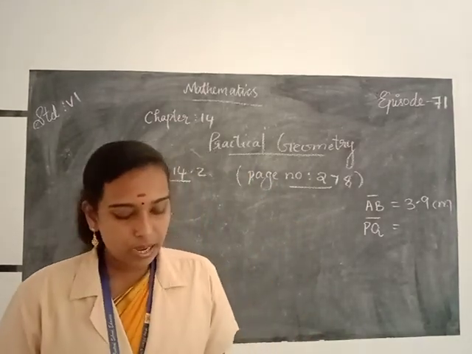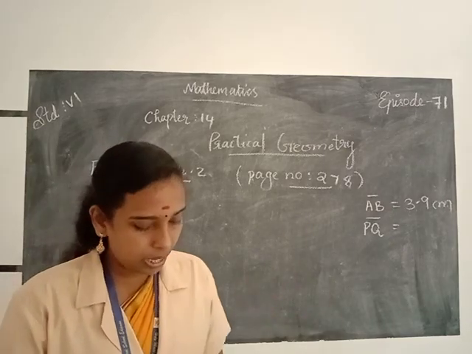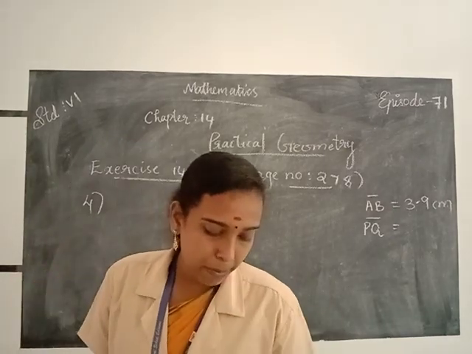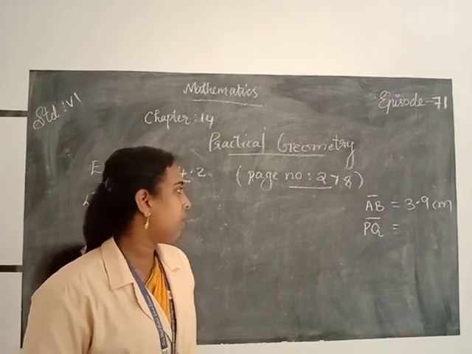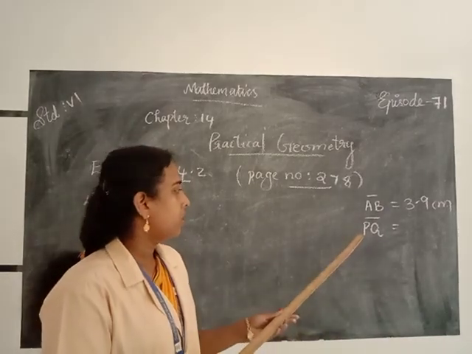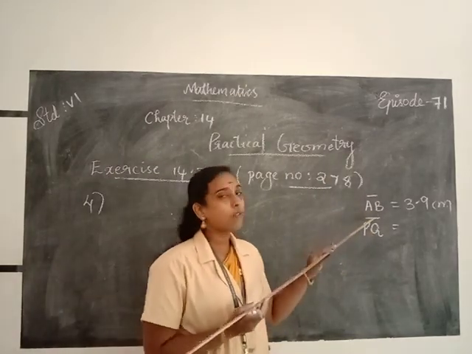Okay, so to construct the line segment PQ on line segment AB, first you draw a line L and mark the point P on it. We want to draw line segment PQ that is twice the length of AB.